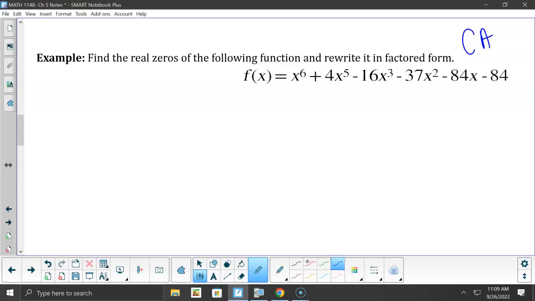Well, think about it. It's degree 6. And how many factors of 84 are there? Yeah, way too many. So we kind of want steps again. All right, step 1. Graph it.